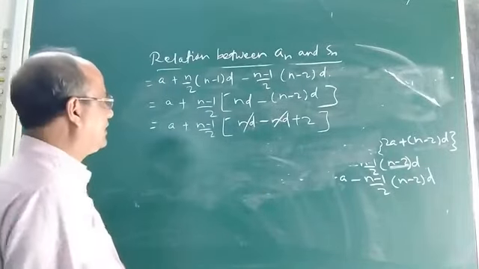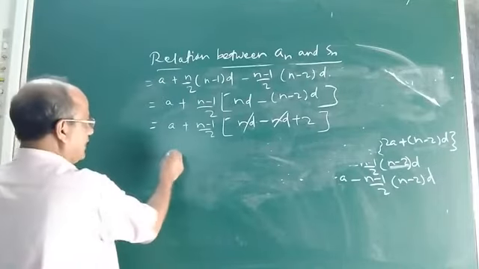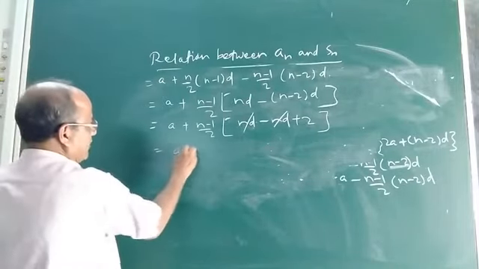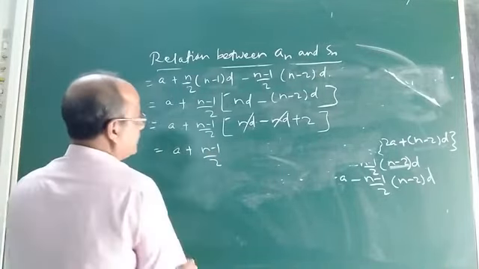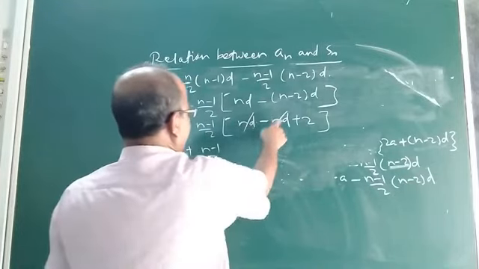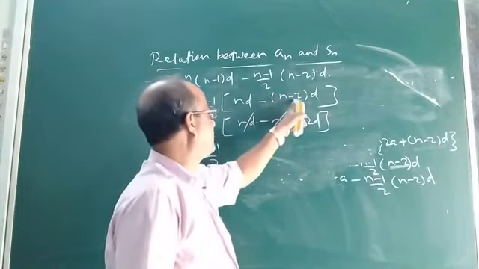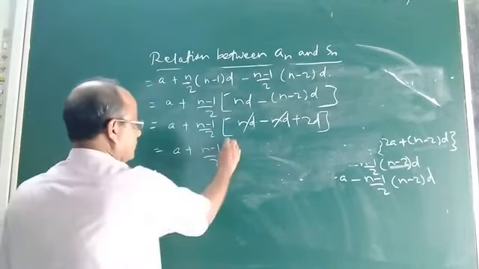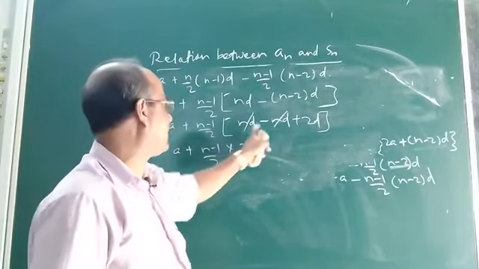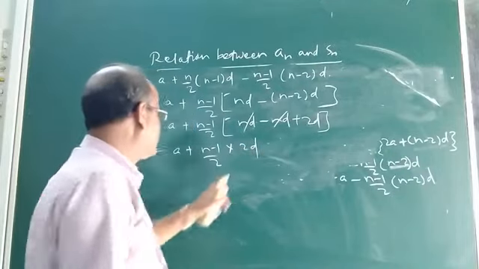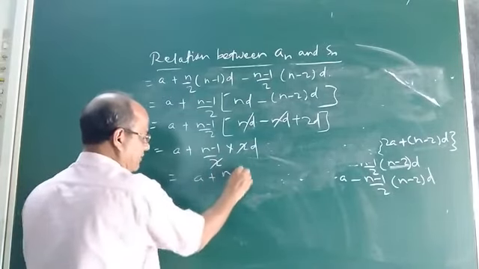You see, nd and nd cancel, only 2d will remain. So 2d, now you cancel 2 and 2. So what will you get? A plus n minus 1 into d.